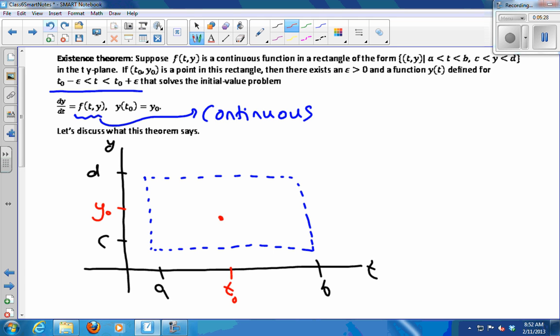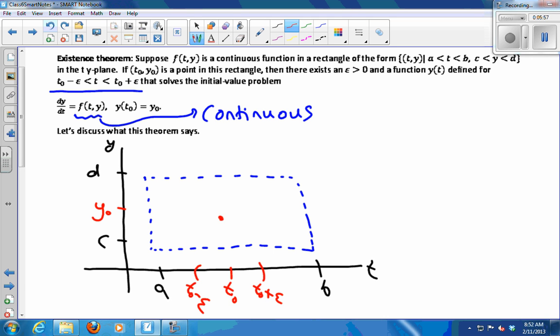The theorem guarantees then that there is an epsilon bigger than 0 around t naught. So I have some interval that I can put around t naught. t naught minus epsilon, t naught plus epsilon. Okay.